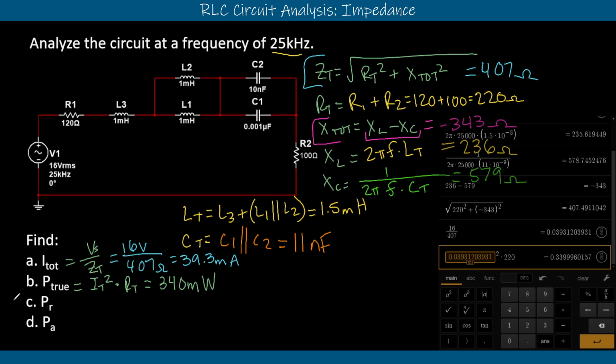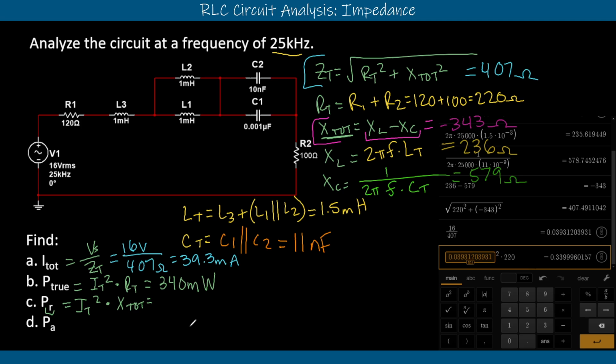After that, we have our reactive power. We can solve for that using our X total, right? Because that's going to be the reactive power. And so that's going to associate with only the X total value there. And so when we plug this in, we'll do the same equation. We'll say that we have this reactive power is equal to our total current, IT squared, multiplied by the reactive total, that's X total, right?